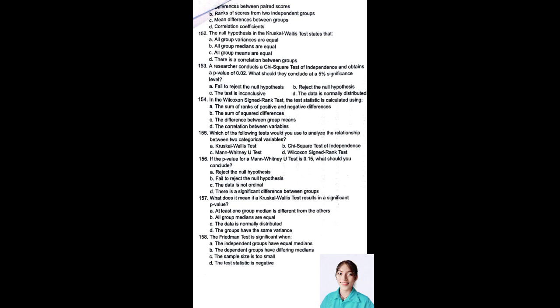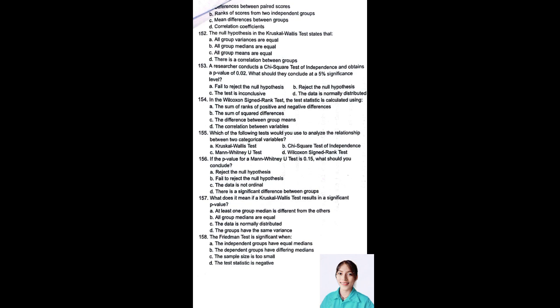So you can use the statistical tool, the chi-square test of independence. So that's in option B. Then we have 156. If the p-value for a Mann-Whitney U test is 0.15, what should you conclude? So you should conclude to fail to reject the null hypothesis. So that's in option B.